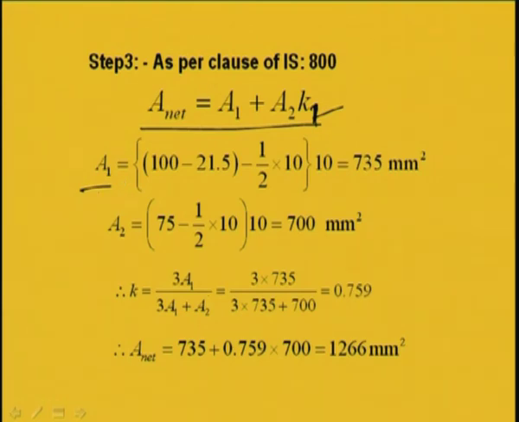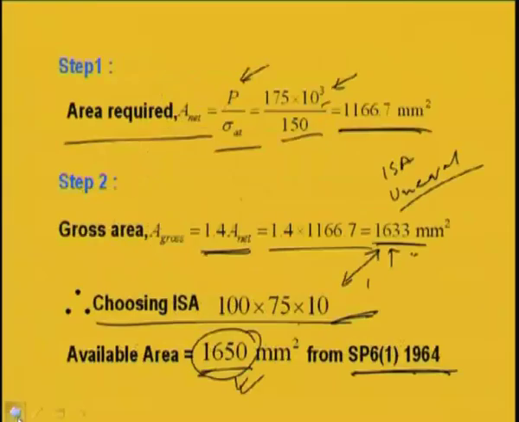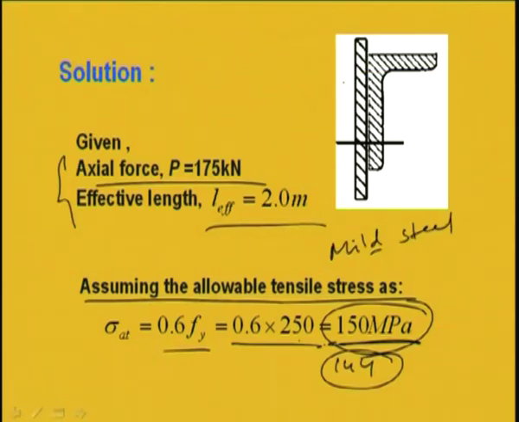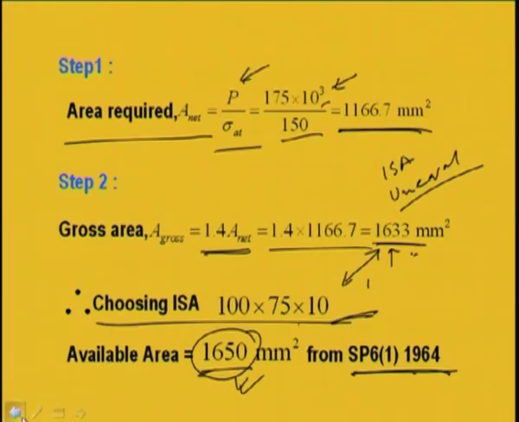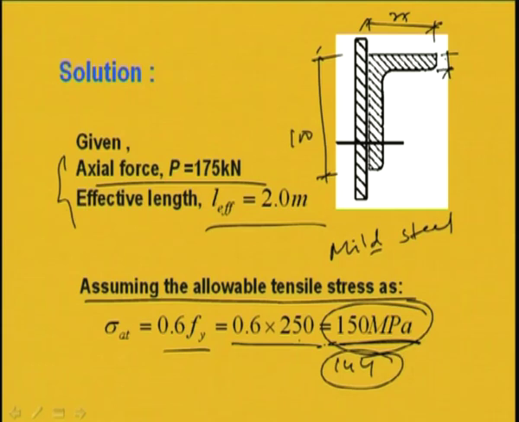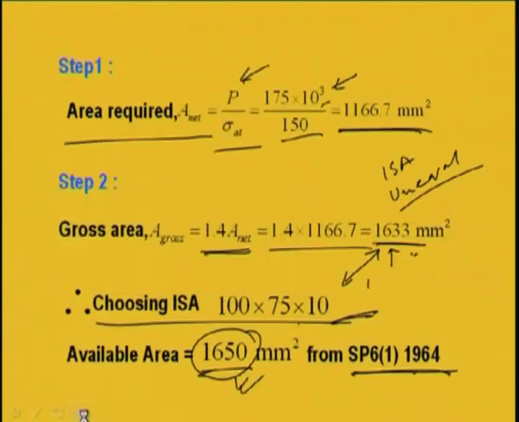The connected leg is 100, the other leg is 75, and the thickness is 10. So A1 and A2 we have to find out now.